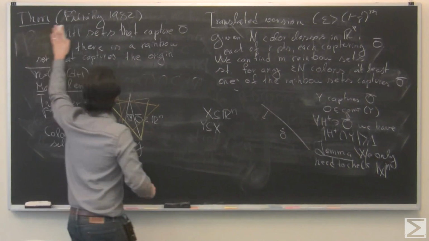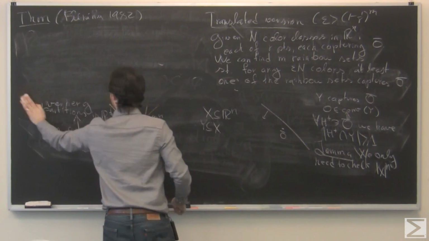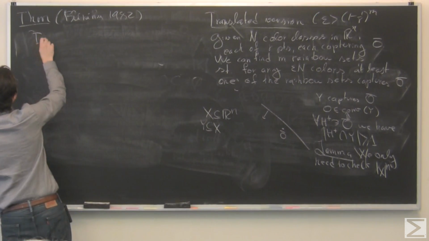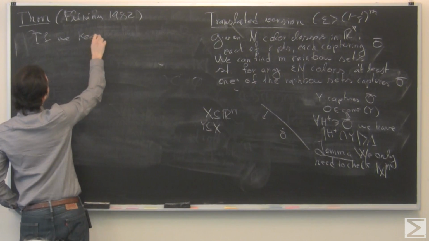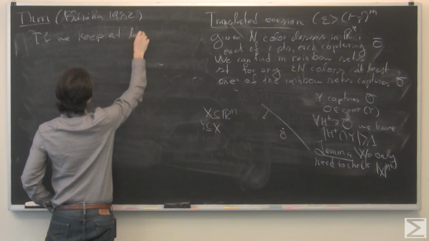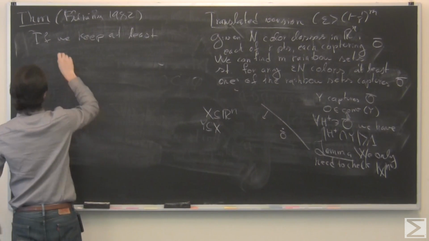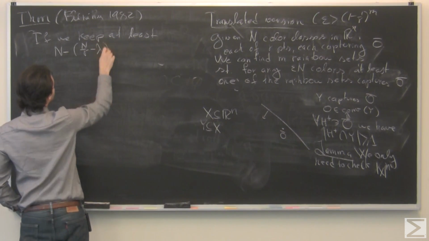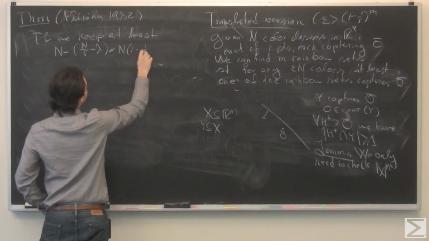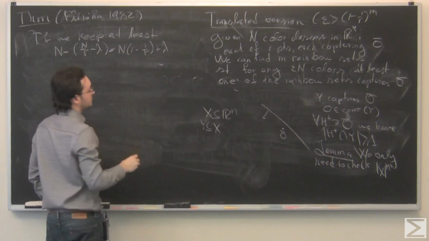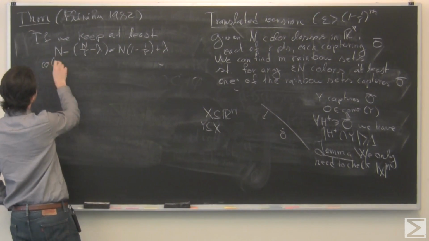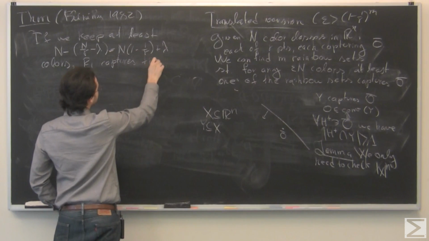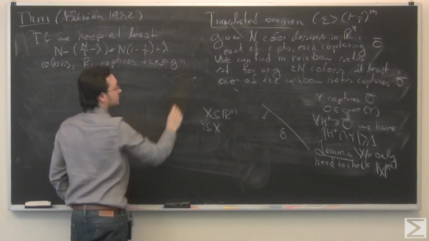So what this is telling me is if we keep at least n minus n over O minus lambda, at least this many colors, O1 captures the origin. Okay?